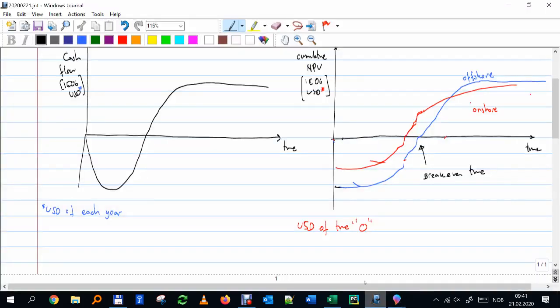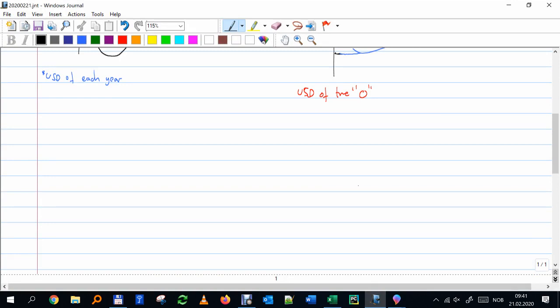Okay, so another thing is that the traditional way we take uncertainty into account is by using the principle ceteris paribus. The effect of uncertainty on the project is typically studied using ceteris paribus.